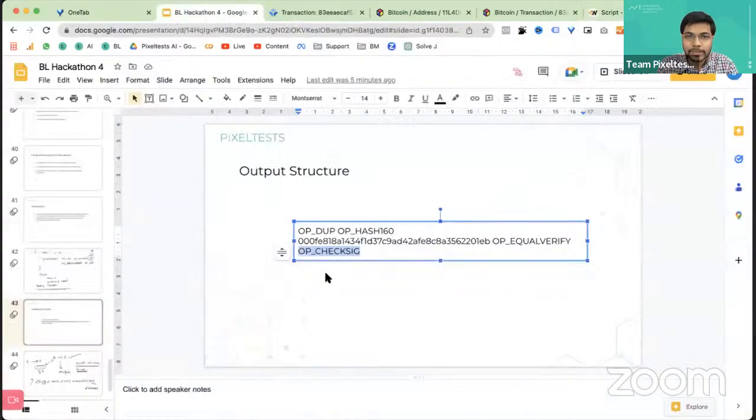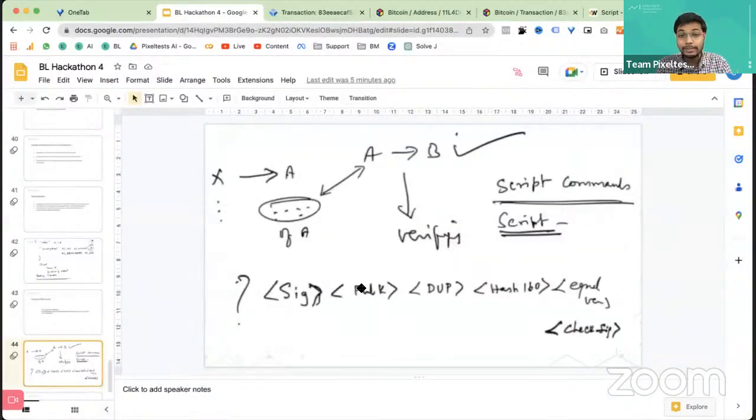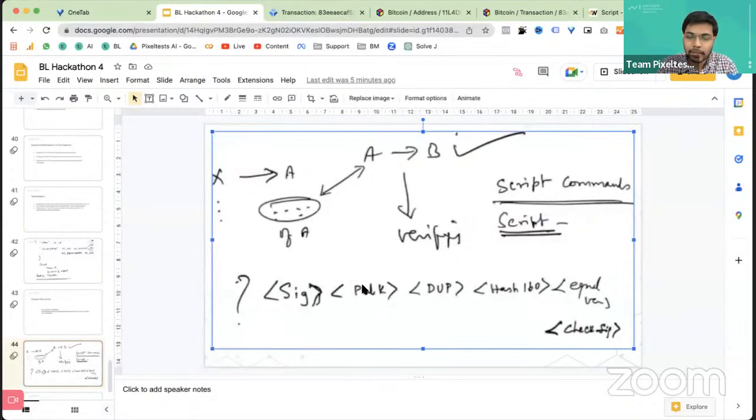So now let me decode this. This is what Professor Pandurangan writes in his lectures, where the command looks like this: there is the signature, then the public key, then OP_DUP, OP_HASH160, then OP_EQUALVERIFY, and then OP_CHECKSIG, right? These are all script commands, and the language used here is script.